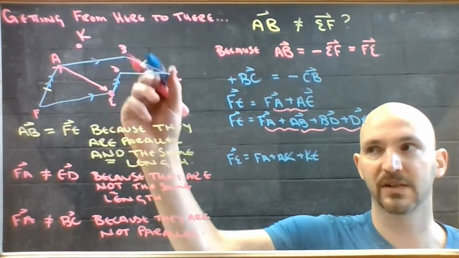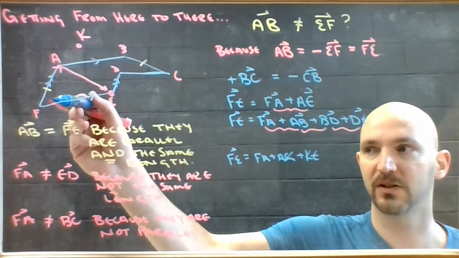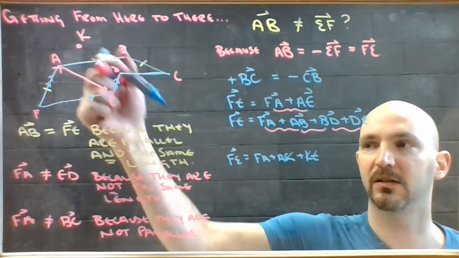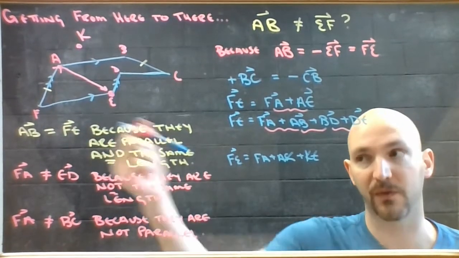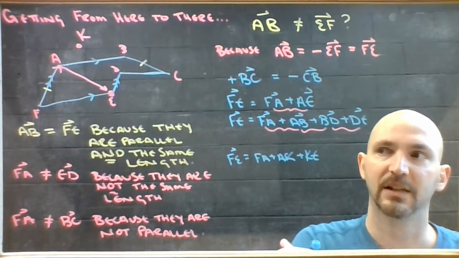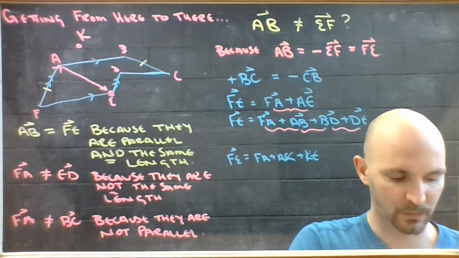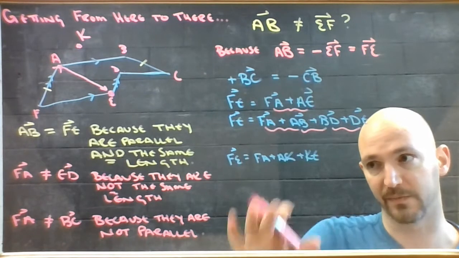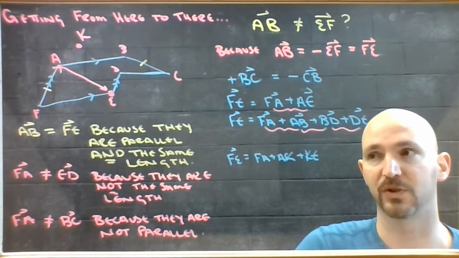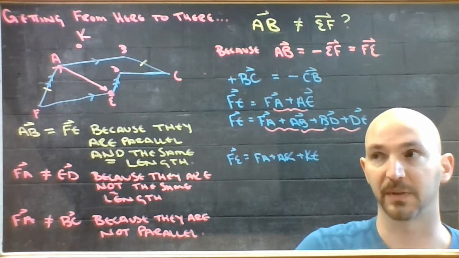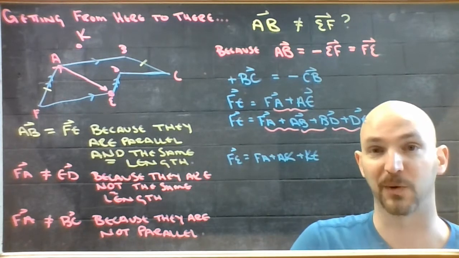And so there is no line connecting K to E, but I could do that. I could go from here to here to here directly to there, and it would get me from this place to that place, just in a different number of steps. So we're going to use this set of facts in order to do some geometric proofs. I'm going to have to clean this off and give me a minute while I draw you a hexagon.